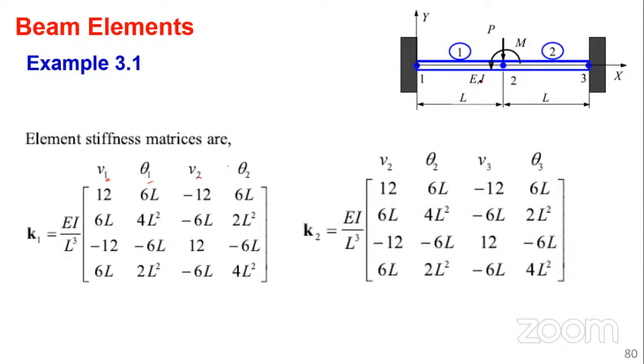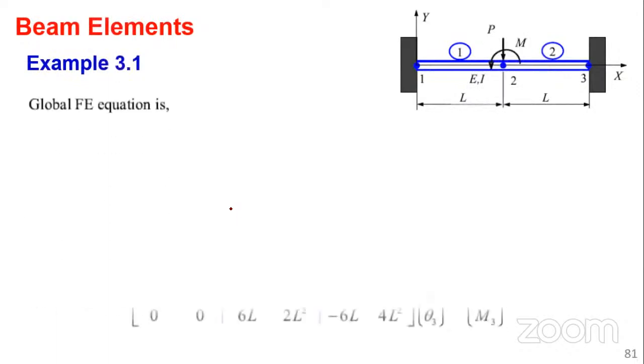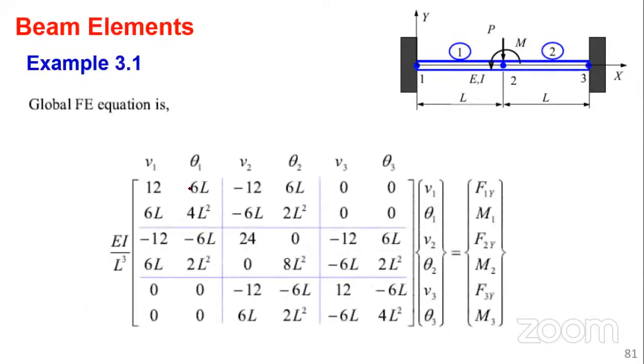Why are they the same? Because the material property is the same, the geometry and cross section are the same, and the length is the same. So if you go ahead and have a global finite element matrix, we have V1, theta 1, V2, theta 2, V3, theta 3.